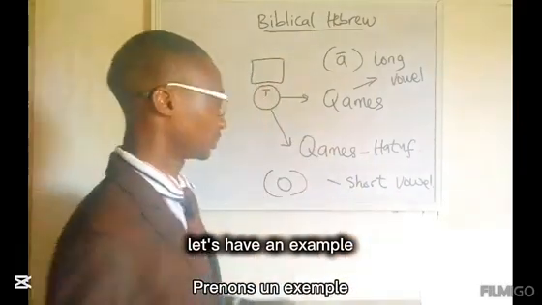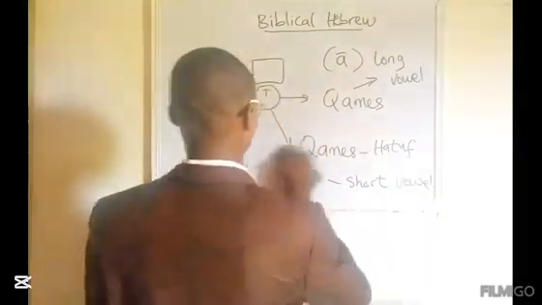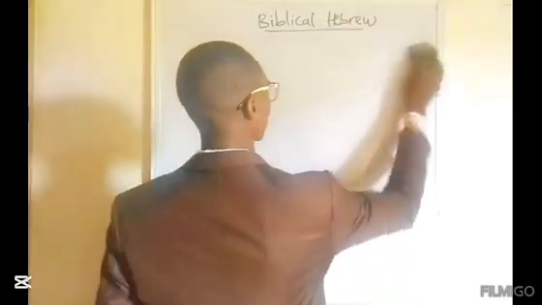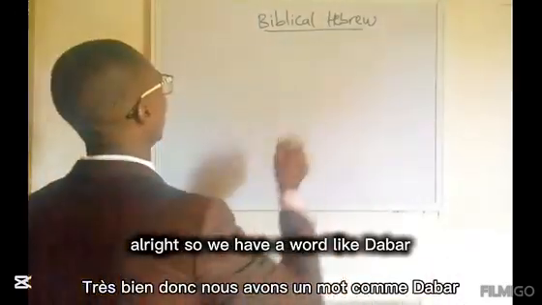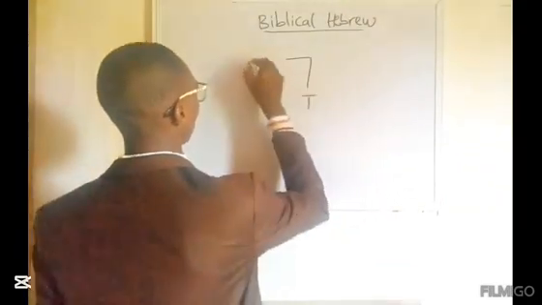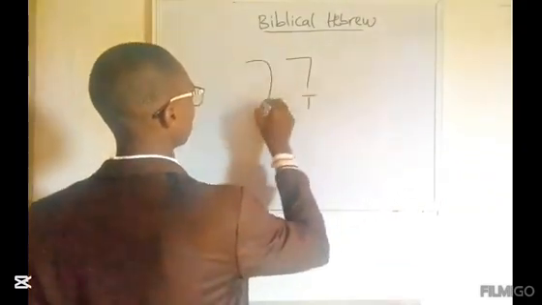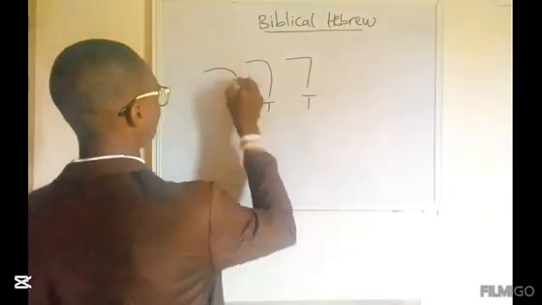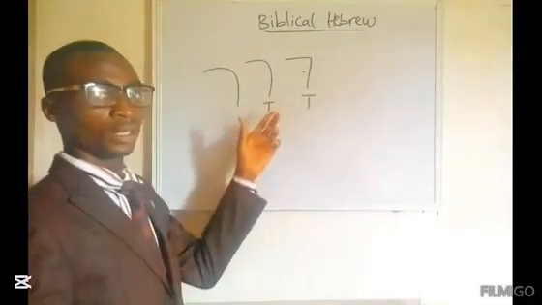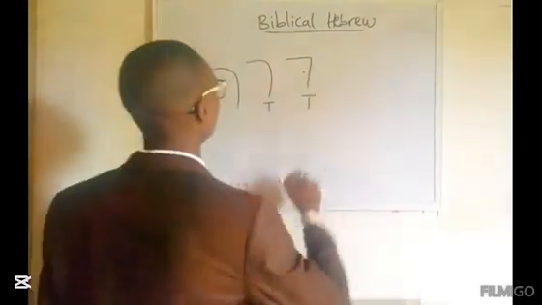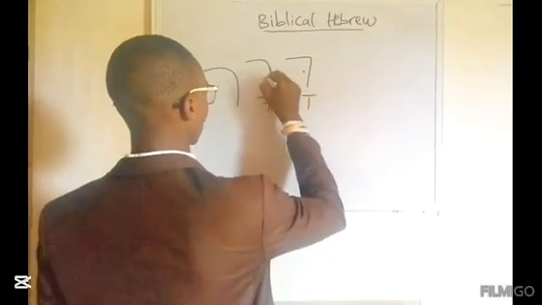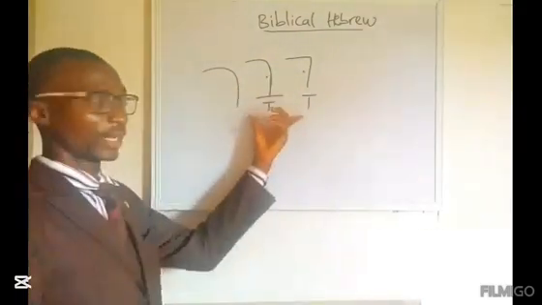Let's have an example. Alright, so we have a word like daba. Da-ba. Daba.